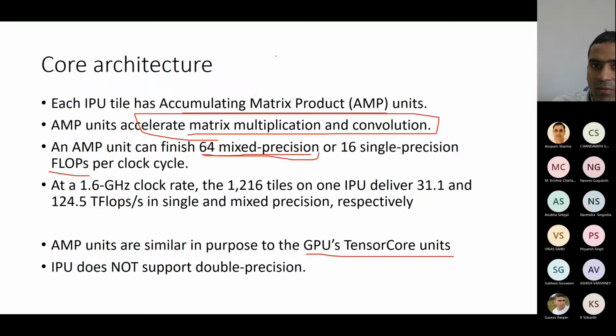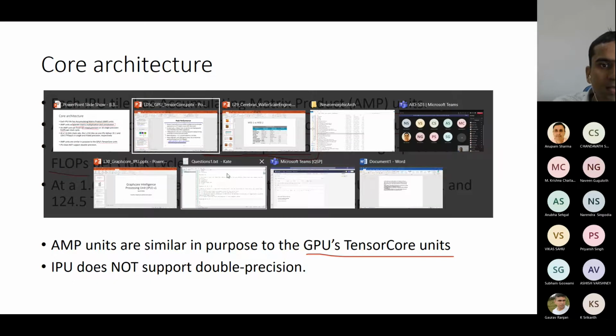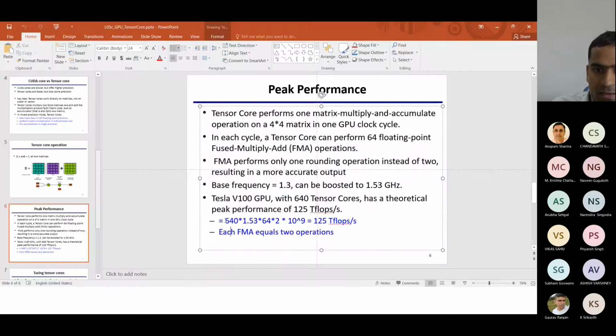So now if you try to compute the performance, this is for the tensor core. Now let me compare it for the IPU. Here it is 1216 tiles, and the clock here is 1.6 gigahertz, where giga is 10⁹, and it can do 64 floating point operations in each cycle.